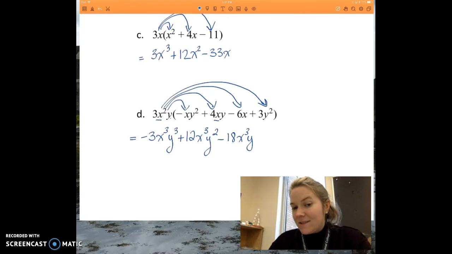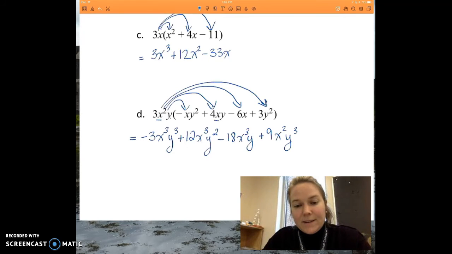We're almost there, guys. One more term to multiply through. 3 times 3 is 9. x squared, there are no x's in the second term, so it stays x squared. y times y squared gives us y cubed. Now I want you to look at it and ask yourself, is there any more simplification we can be doing?